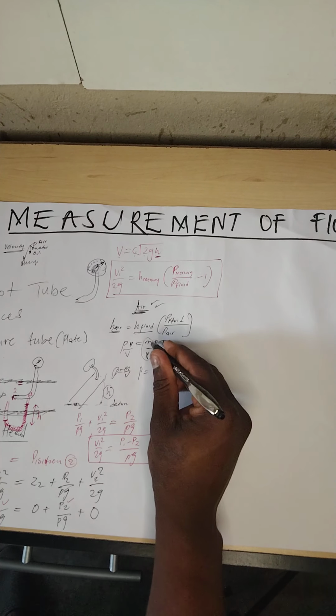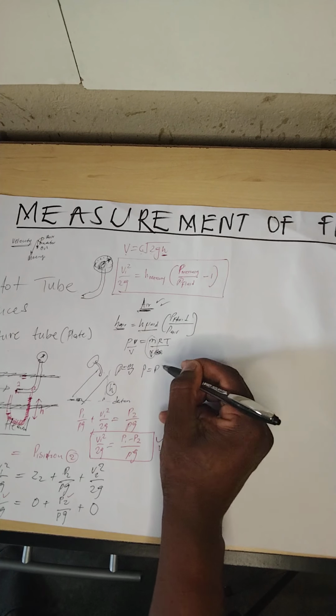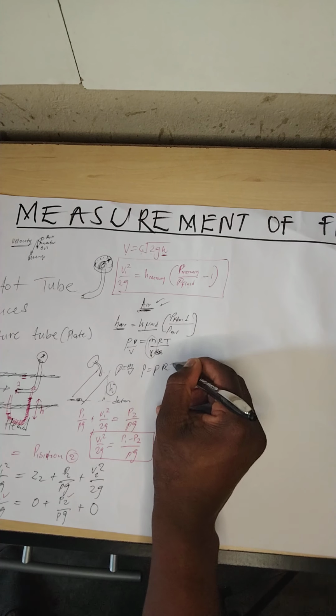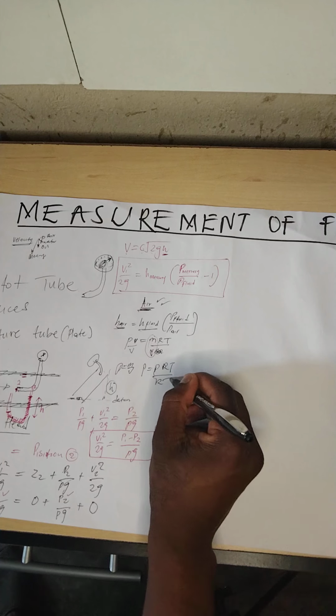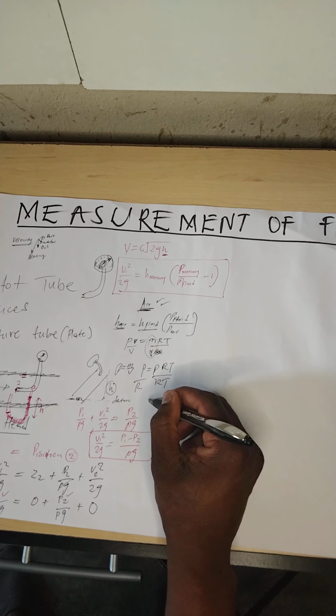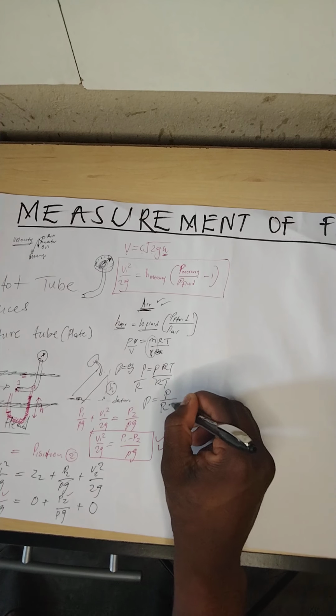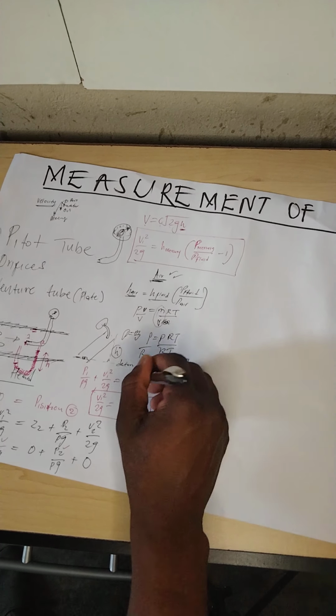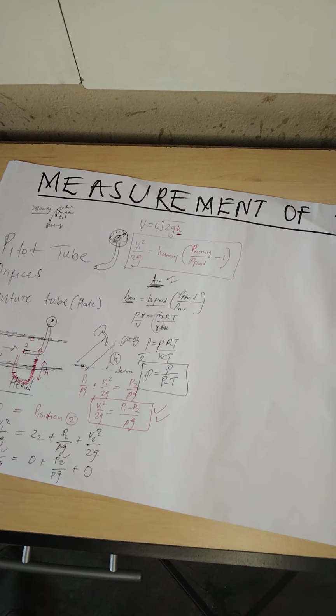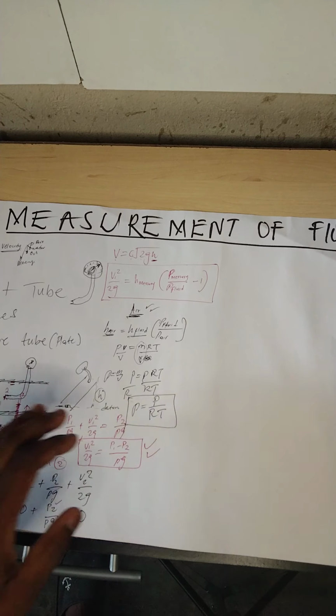Then we're going to have pressure equals density times RT, you see, then we divide by RT, then it means we have density equals pressure over RT. This is another equation you're going to use, so you must know how to derive it.